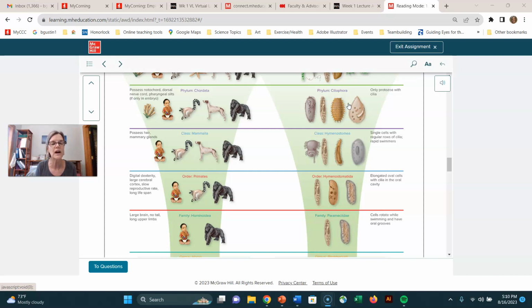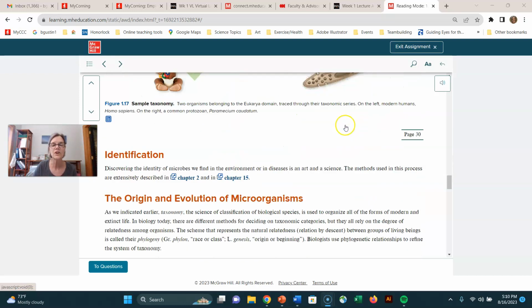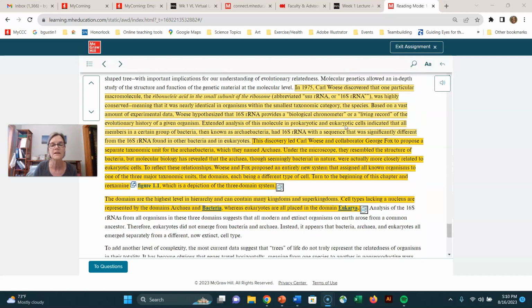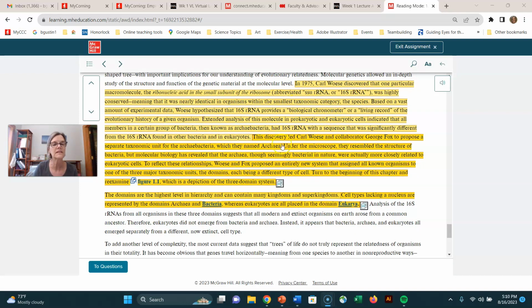But when you do molecular analysis, so you look at their RNA and their DNA, it turns out they're not very closely related. And so when we started doing these molecular analyses from 1975 on, it completely changed how we look at taxonomy and how things are related. In fact, this is what led to the 3 domains that we talked about in section 1.1.